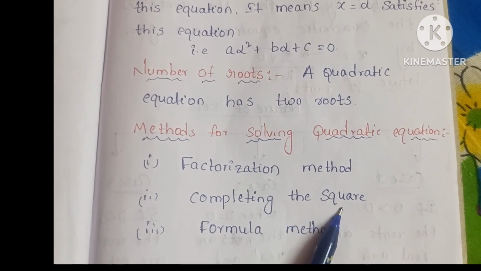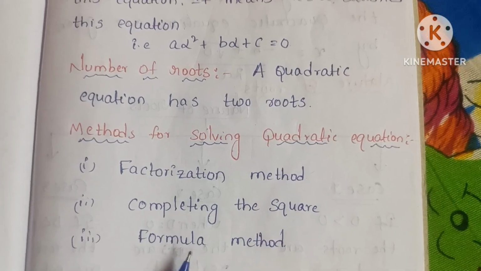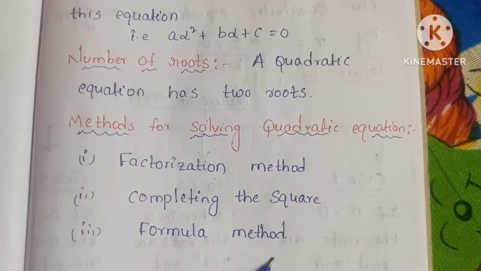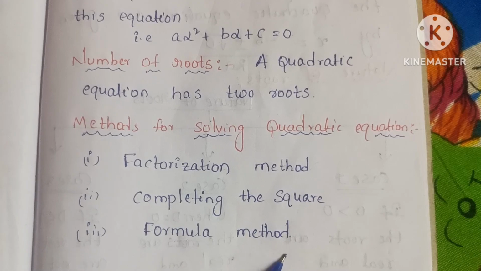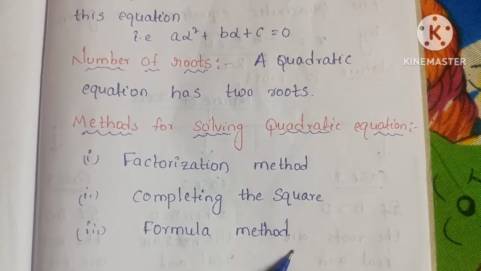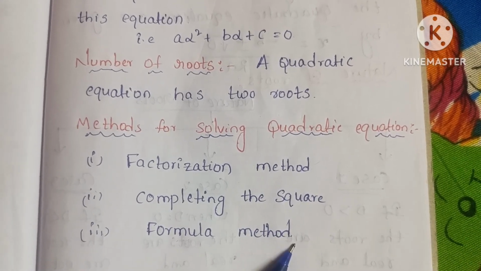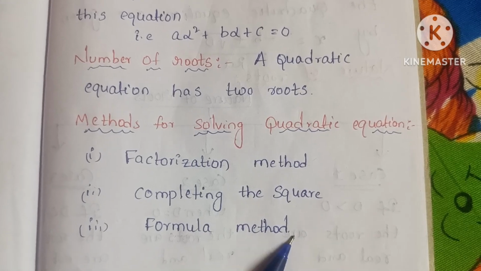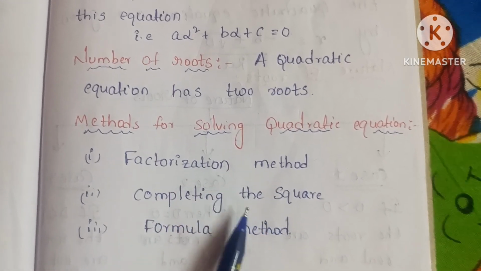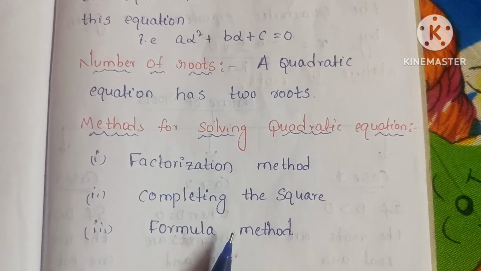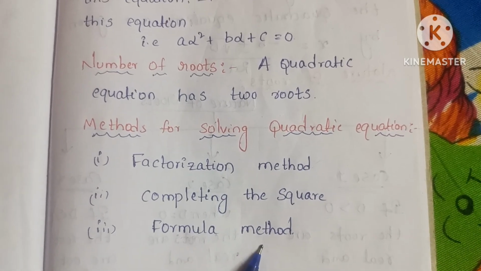The last one is the formula based method. So to solve the quadratic equation we have three methods: factorization, completing the square, and the formula based method.